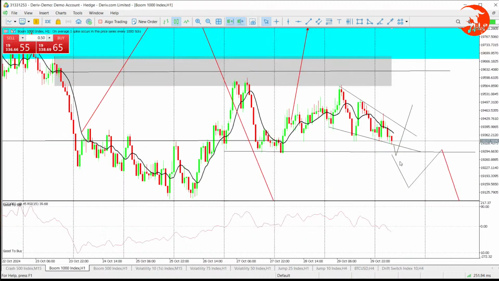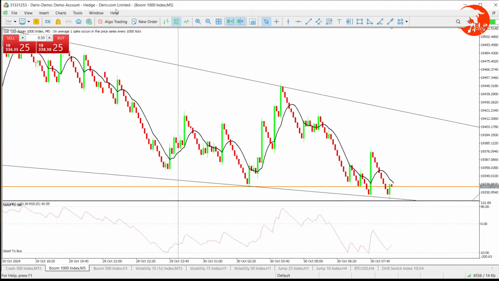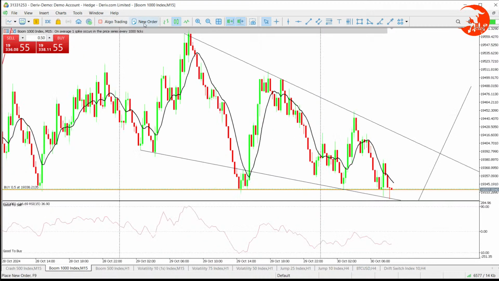So what we anticipated is that it has reached that level, and it's a clear entry for buys. Why do I say it's a clear entry for buys? Price has come back again to the support level. So most of the time I make my entries like that, once I see something like that.